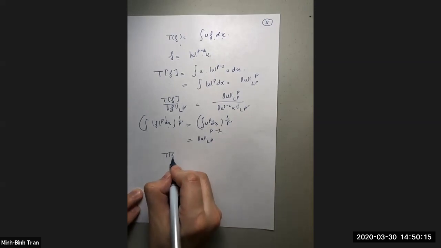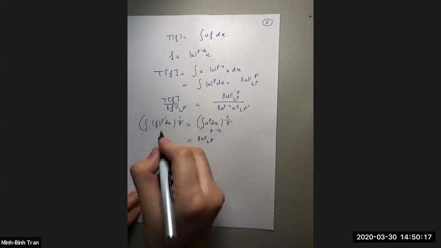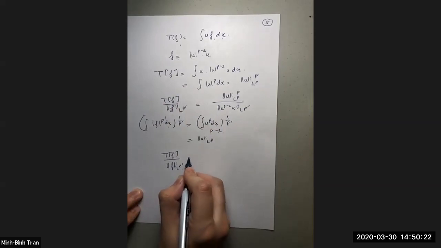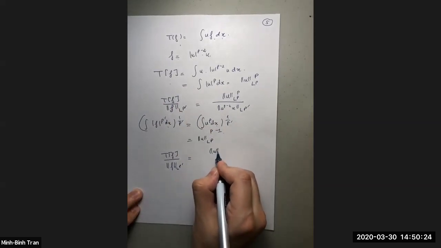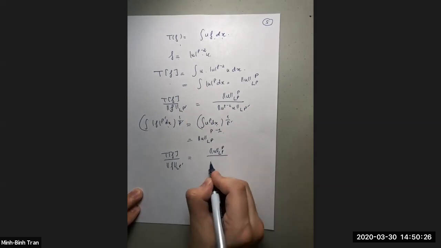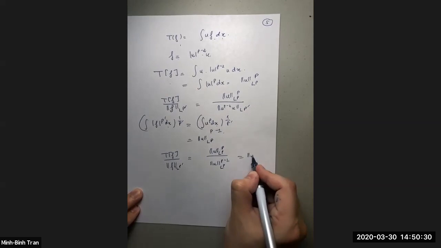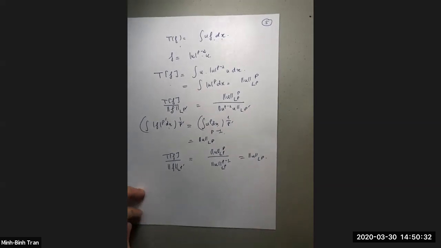So in other words, the norm of T of f over the norm of f in L^p prime will be the norm of u to the p over the norm of u to the p minus 1. So basically this gives you the norm of u in L^p. All right.